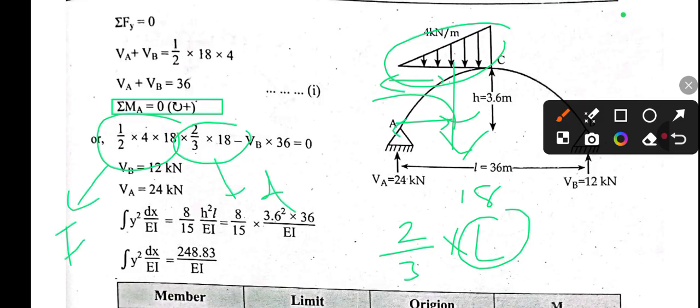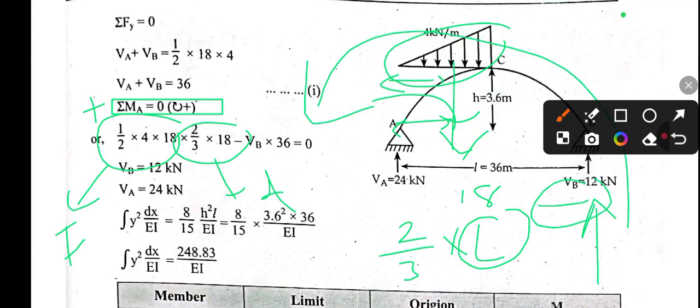Now you can see this is clockwise, so it is positive, and another force is applied, this VB is also applied upward, but you can see this is anti-clockwise, so it should be taken negative. So minus VB, that is the load, and the distance from A to this load is 36, so VB into 36.